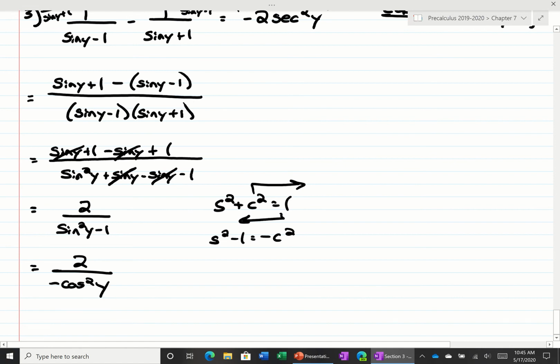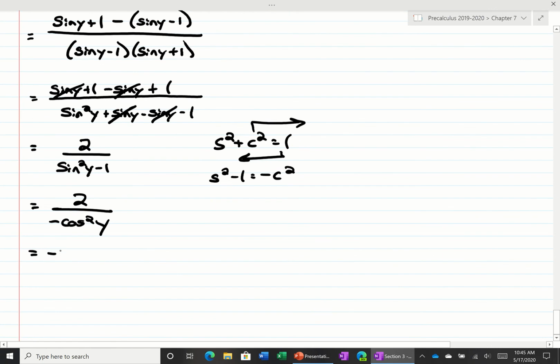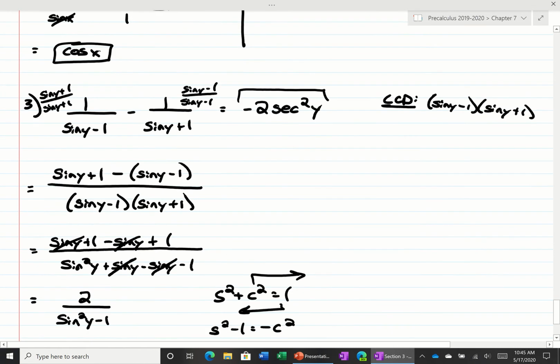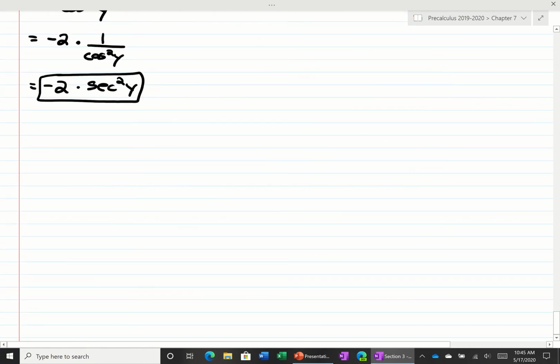And 2 over cosine squared, we could just write as secant. Here, let me show you. This is really just the same thing as saying negative 2 times 1 over cosine squared of y. And 1 over cosine squared is the same thing as secant squared of y, which is what we wanted. All right, so that was number 3.